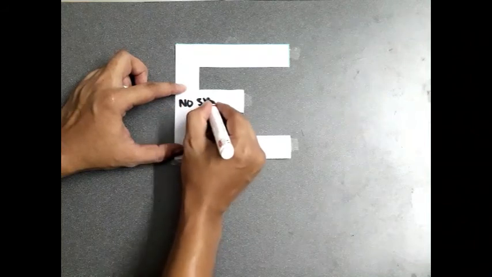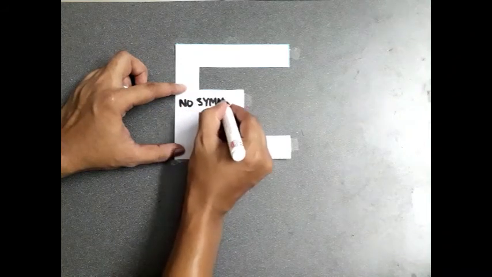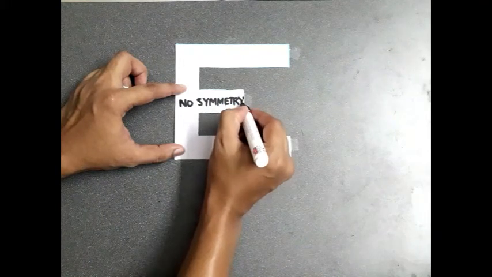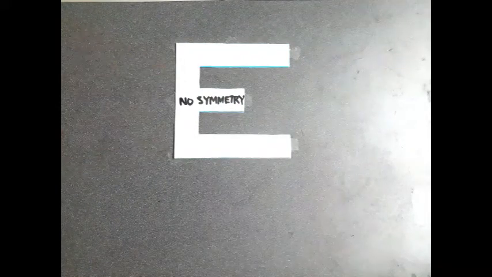So for the letter E there is no symmetry. Hope you are clear. When the order of symmetry is 1, we have to keep in mind that the respective figure or the letter will not carry any symmetry. Hence, the order of symmetry for this letter E is 0, or no symmetry.